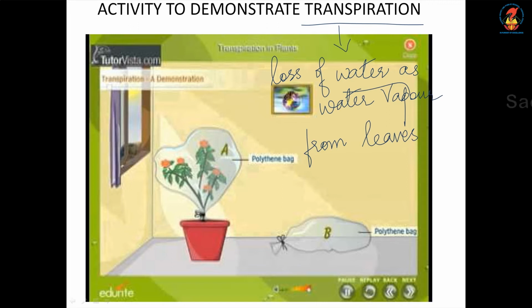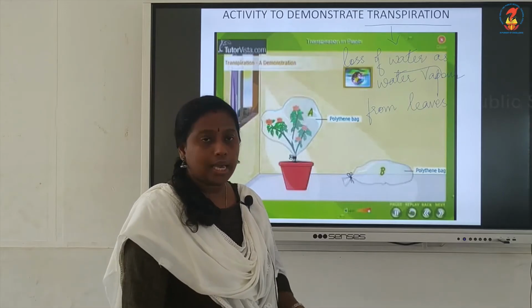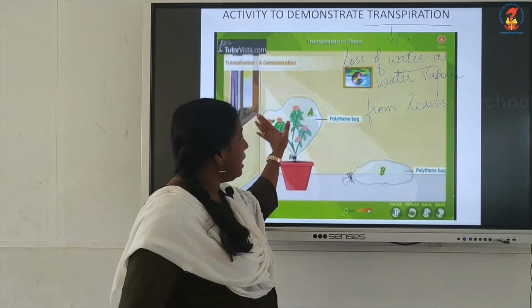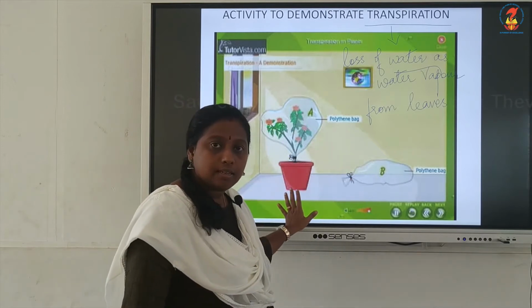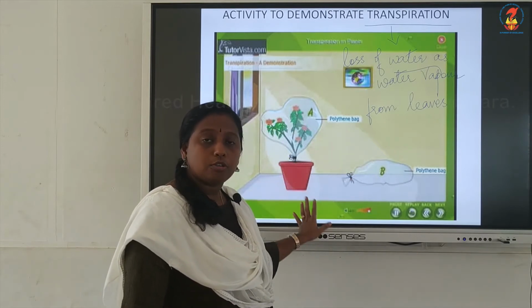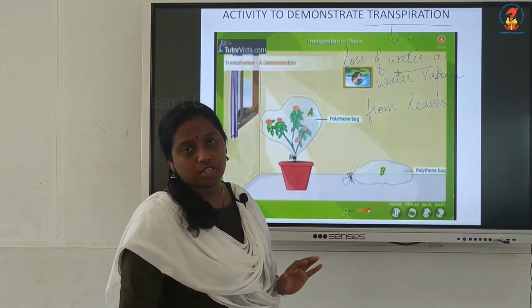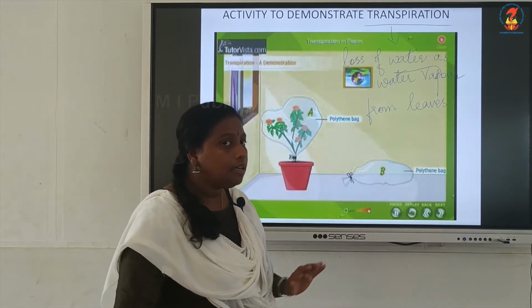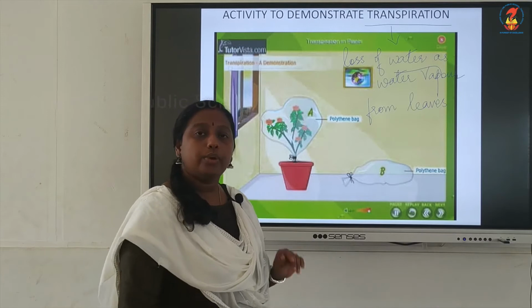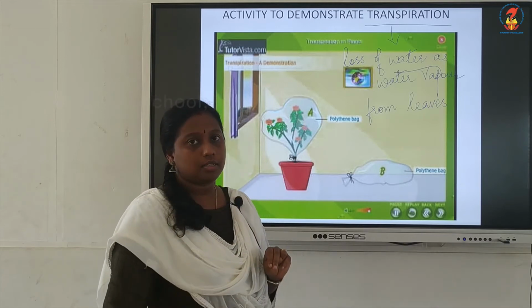So, clear? This is the definition for transpiration. It is the loss of water as water vapor from the leaves of a plant. Now, we are going to study about an activity in which this process of transpiration is demonstrated. Clear? So, for doing this activity, we require two polythene covers.